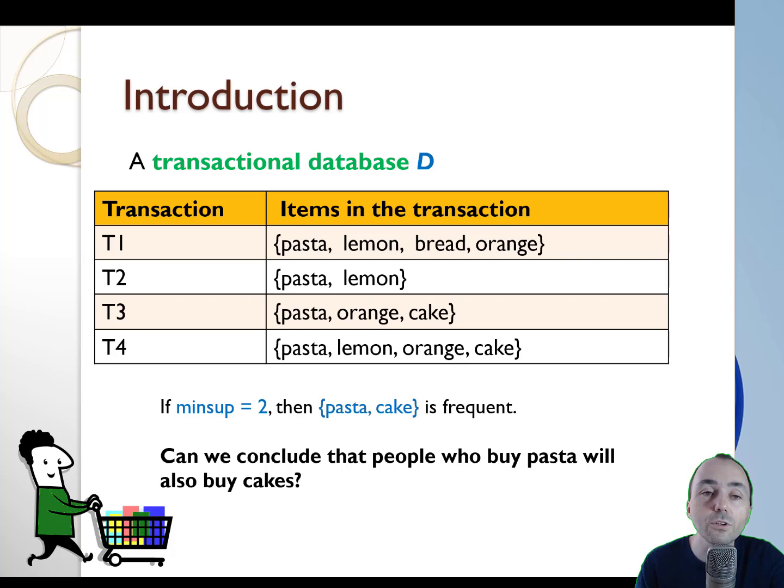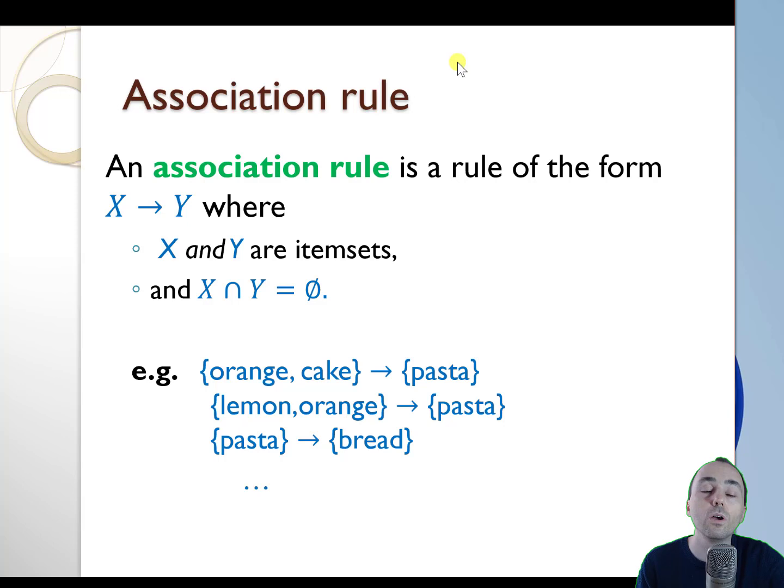So as a solution, another task called association rule mining was proposed. Instead of finding frequent item sets, we want to find association rules. So let me explain this. An association rule will be like a rule like this, okay?